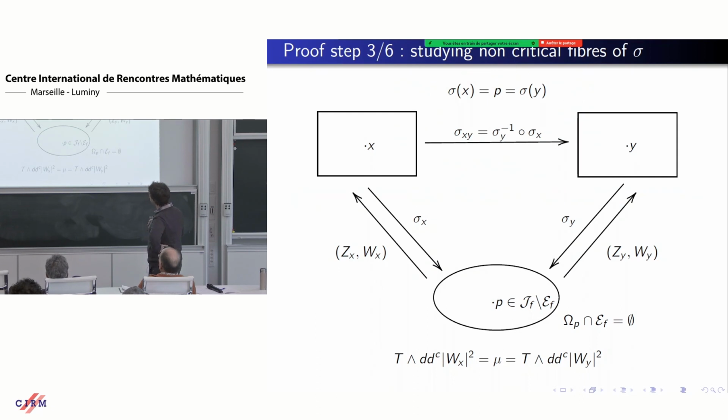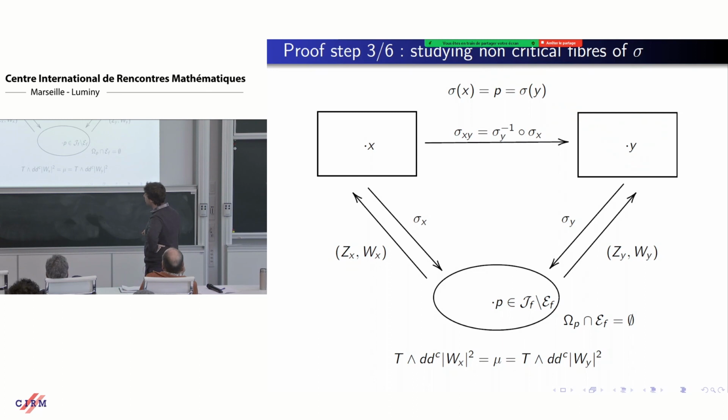And then to create a foliation, we do the following. We study the fibers of sigma. Here I take a point in P2 that belongs to the big Julia set, and I consider two pre-images, X and Y. Let me ask that these points are not critical points.